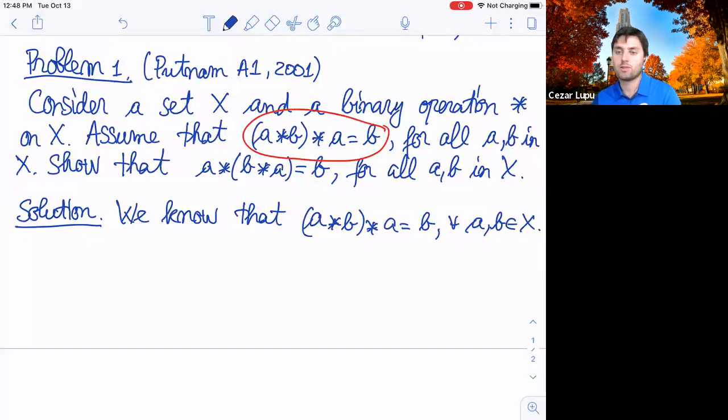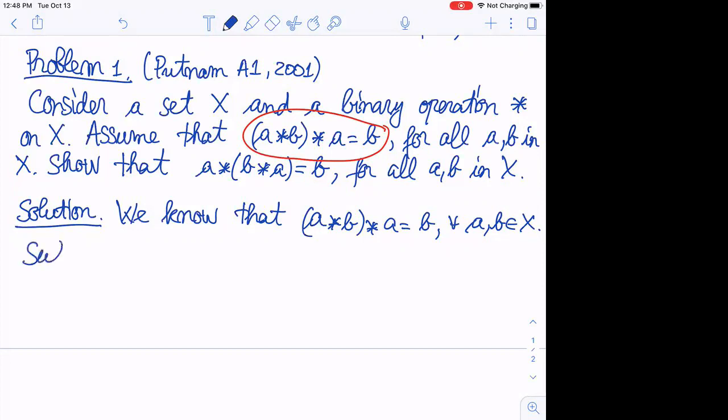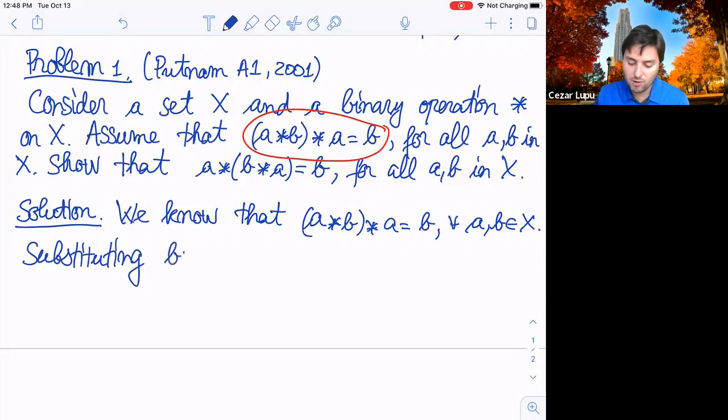Maybe what should I substitute? Let's see. Substituting. Maybe I should substitute B star A for A.